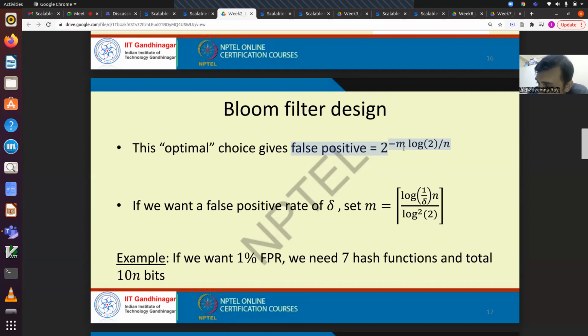So let's say you take a variable X, which is the number of bits. Okay. So 2 to the power X is M. Therefore X equals what? Log of M base 2, exactly.